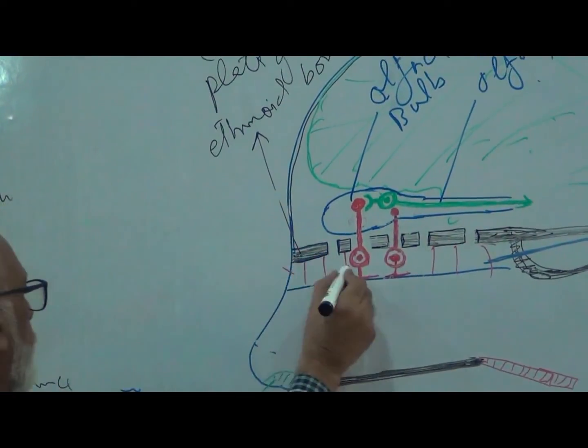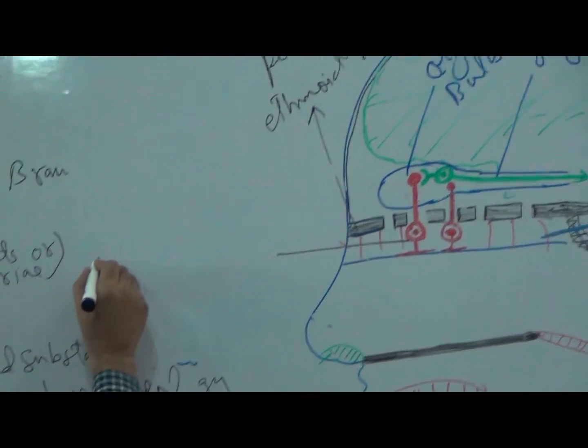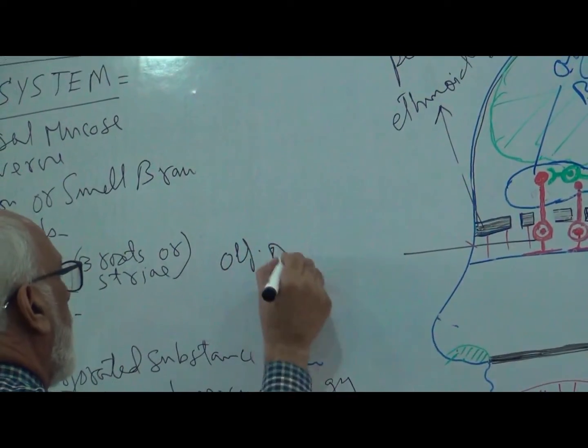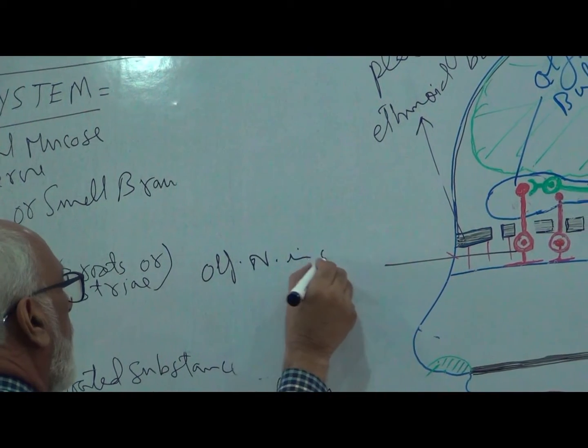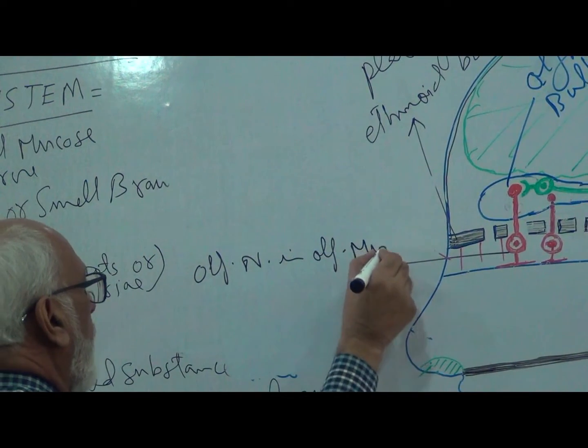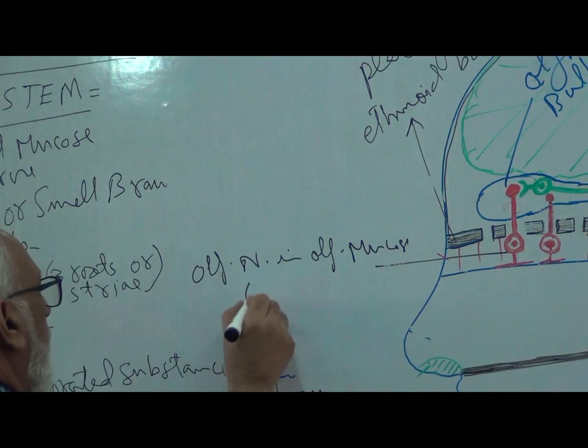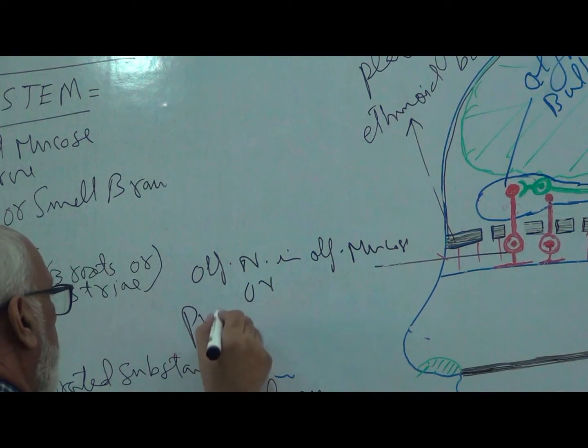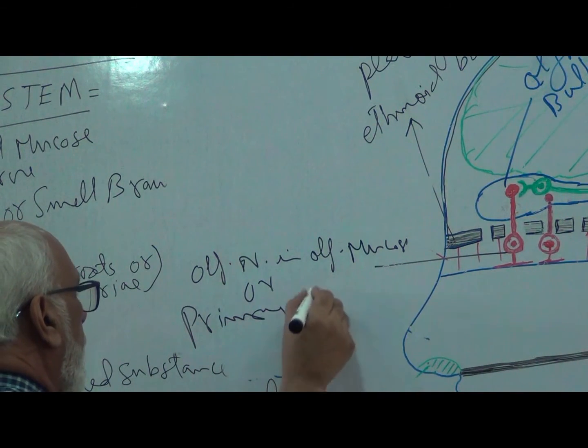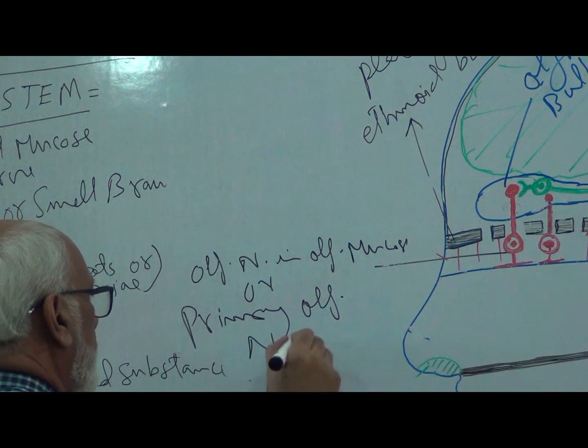The olfactory neurons in the olfactory mucosa are also known as primary olfactory neurons.